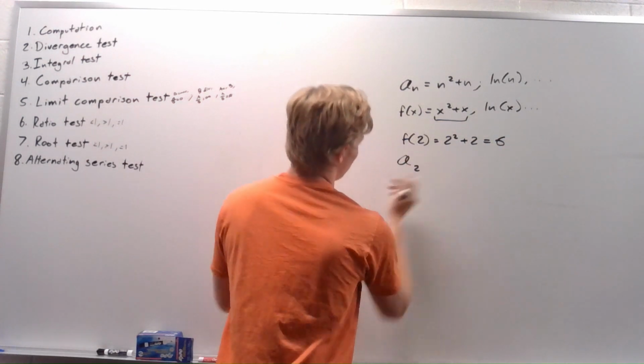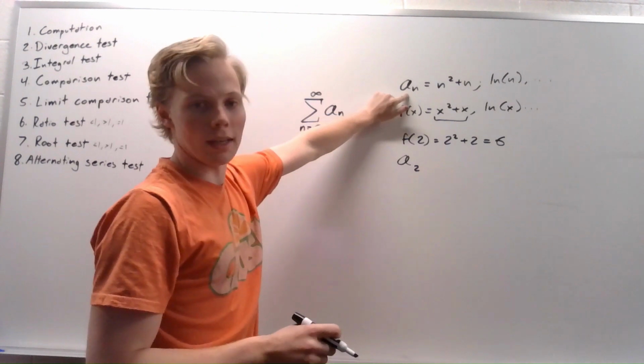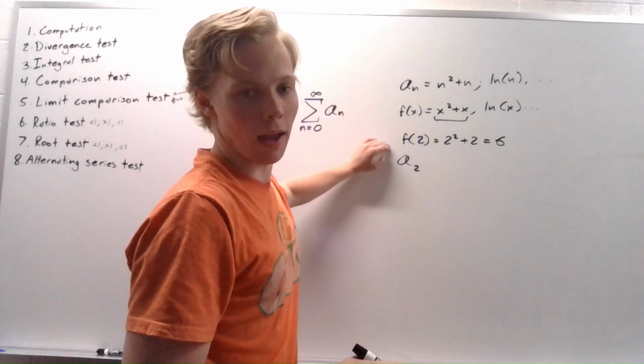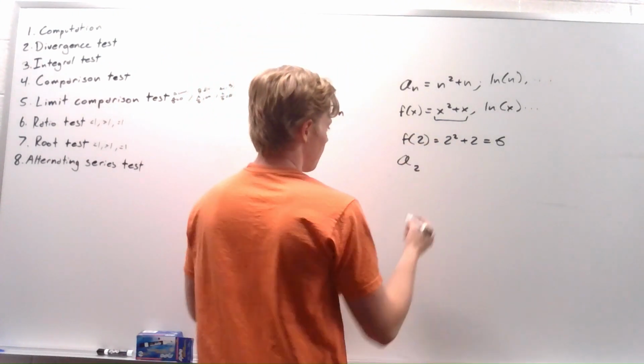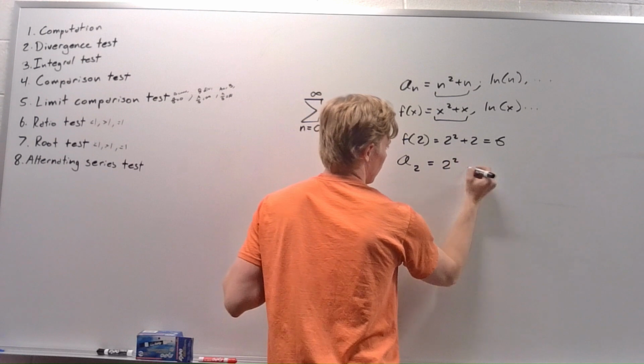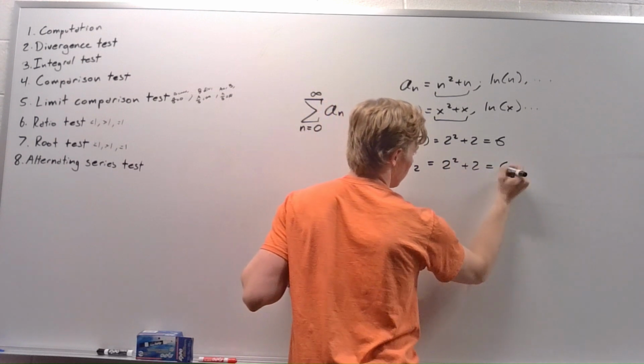A sub 2, in this case, you still replace the n with the 2, it's just a sub 2 instead of f of 2. That's still equal to 2 squared plus 2 equals 6.